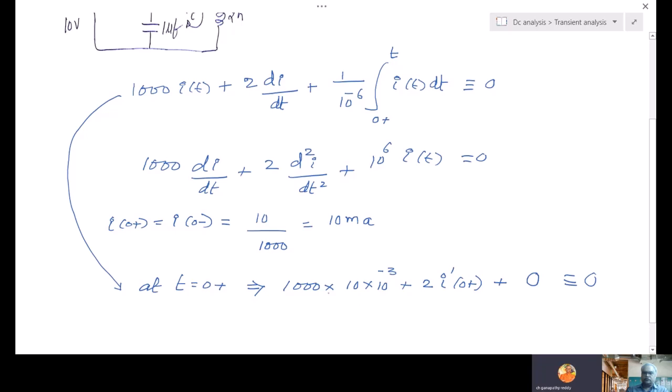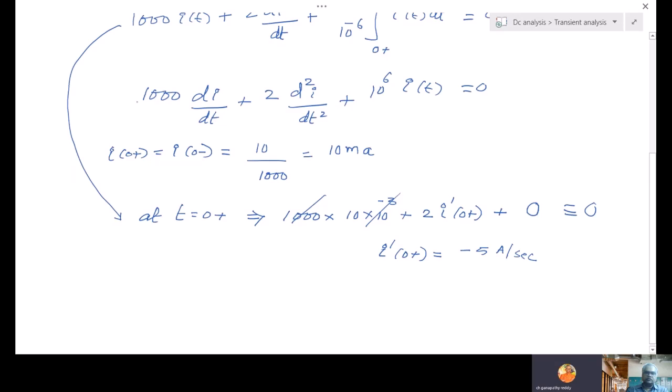So solve this. This cancels, and here only 10 is there. So what is I prime 0 plus? Minus 10 by 2, so minus 5 amps per second.